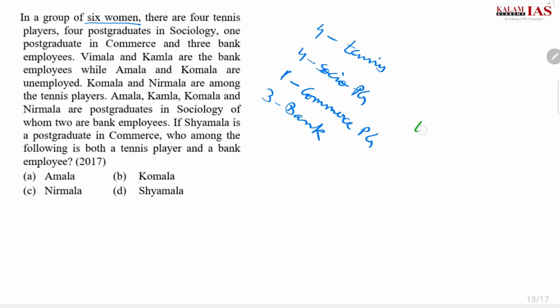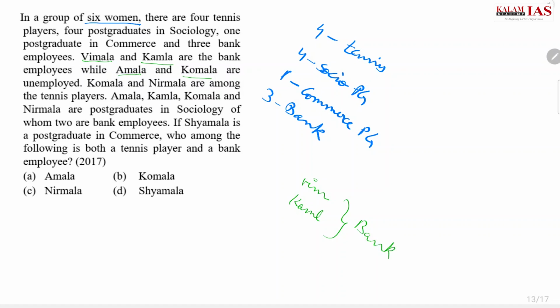We'll just make it shorter so that it is easy to accommodate the entire question. So it is given Vimla and Kamla are bank employees. These both are working in bank.